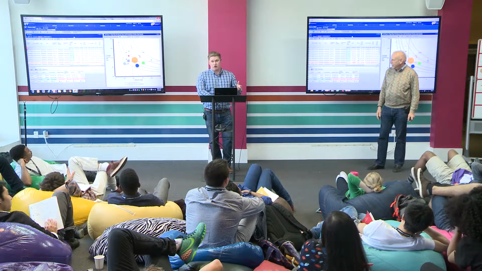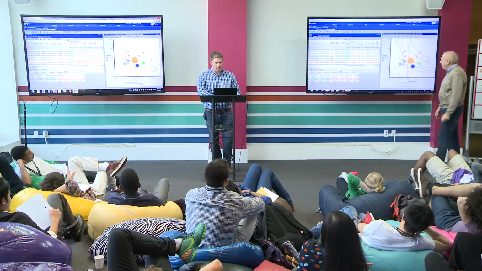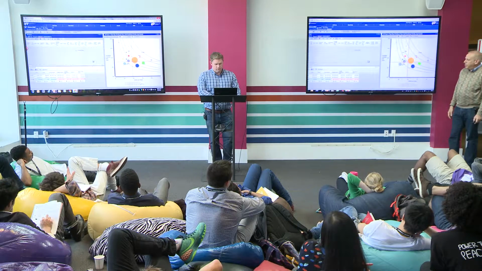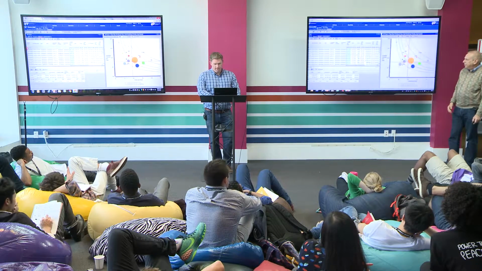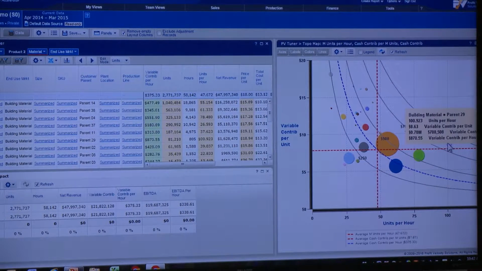So now I'm going to discard these edits, and we're going to try the counterintuitive example of going after the lower margin product. So we're going to go to our purple bubble here, with a cash contribution per unit of a little over $8.